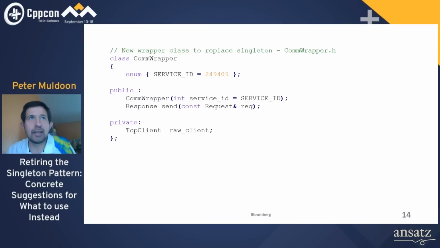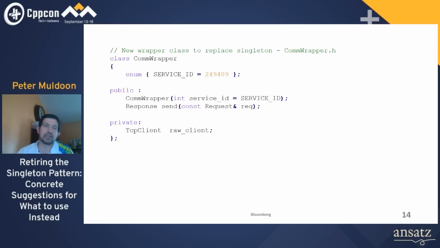Well, let me go back to, I'm going to create a wrapper class to replace the singleton. Now, what am I going to do? This is not really going to be any new code, more like purloining the code that's in the current singleton. So what I'm going to do is say the constructor is going to have all the initialization code in it.